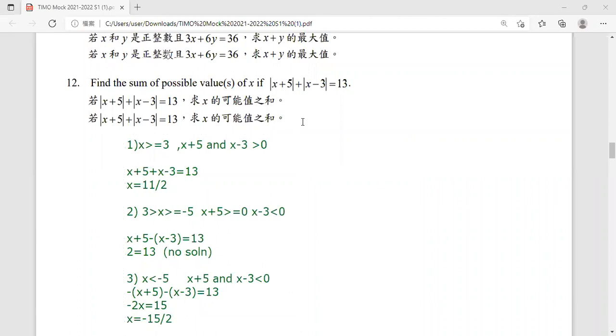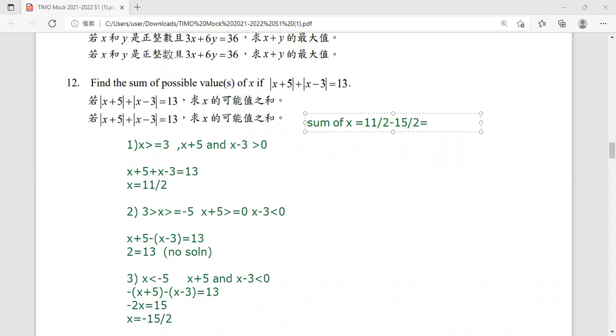Okay. Then the sum of x will be equal to 11 over 2 minus 15 over 2. It's the same.